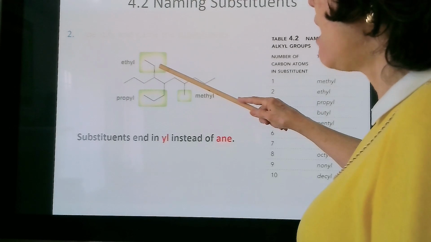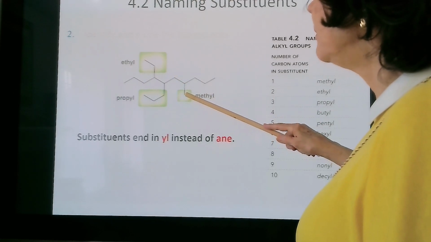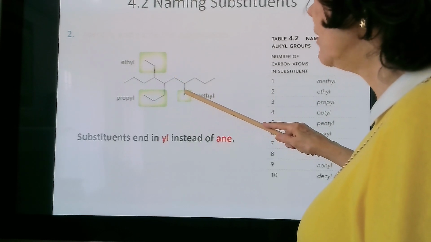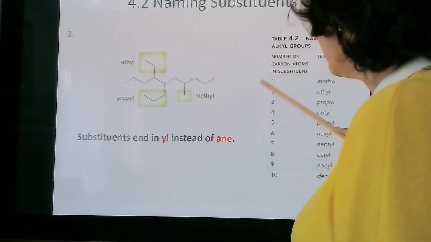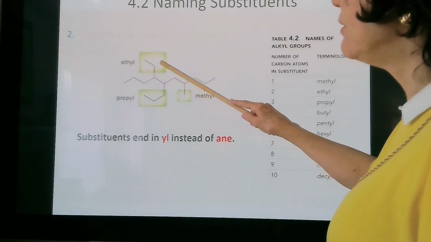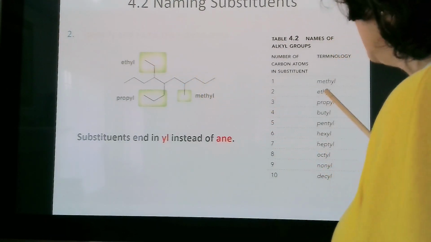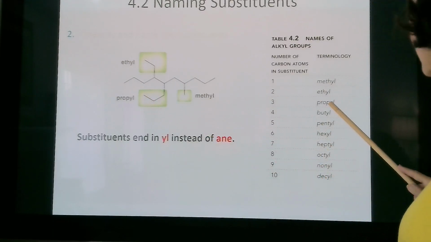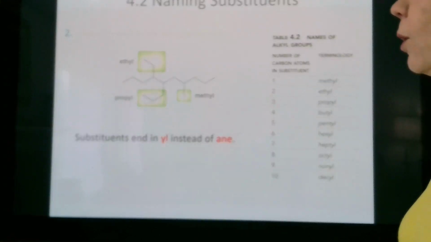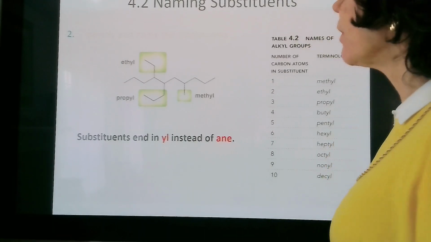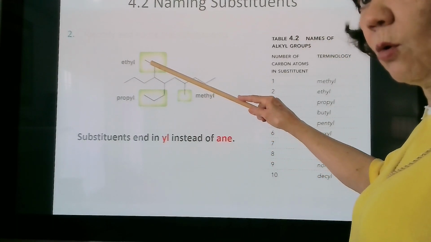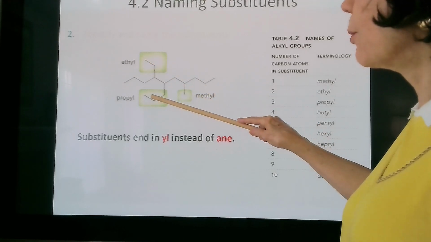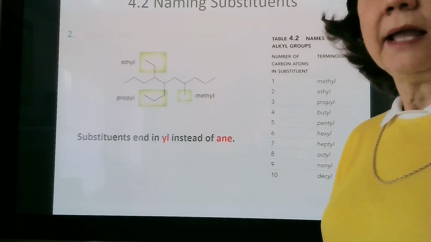You identify the substituents: you have a substituent with 1 carbon, so it's methyl. Here you have a substituent with 2 carbons, it's ethyl. Here you have 3 carbons, this is propyl. So this is going to be named in alphabetical order: ethyl, methyl, propyl, decane.